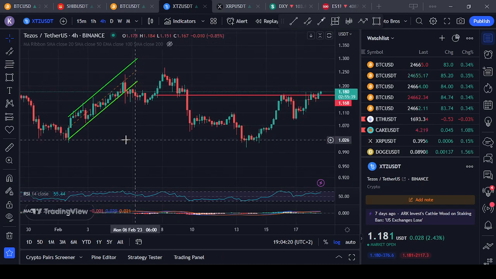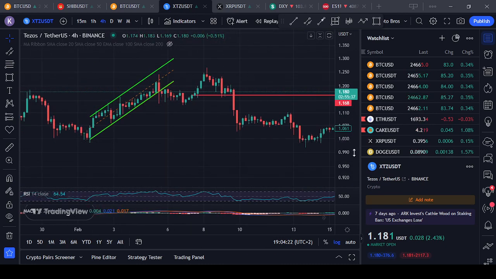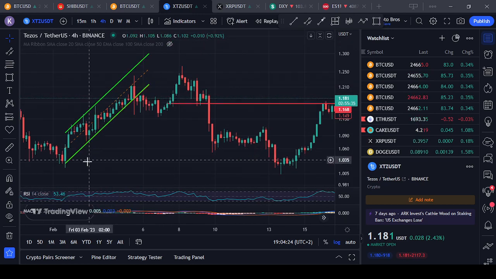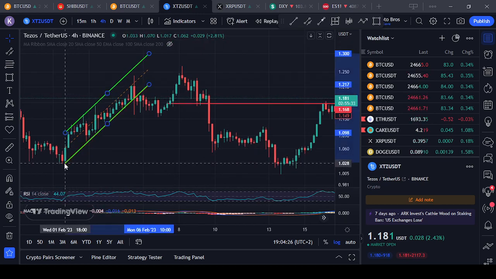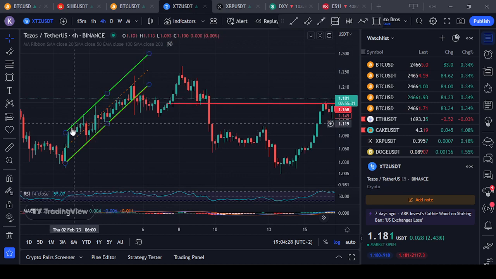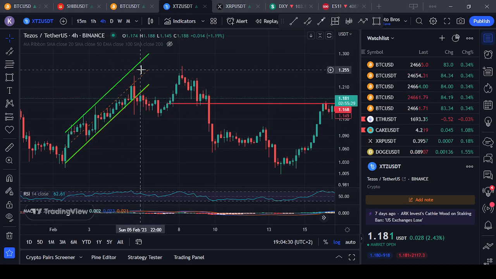Always remember, the faster you spot a channel in the market, the better off you are. So a price will respect a certain channel until it breaks.